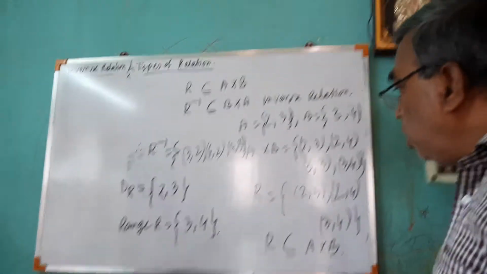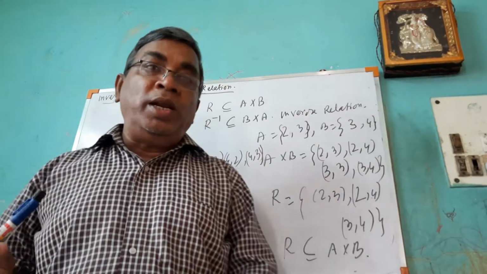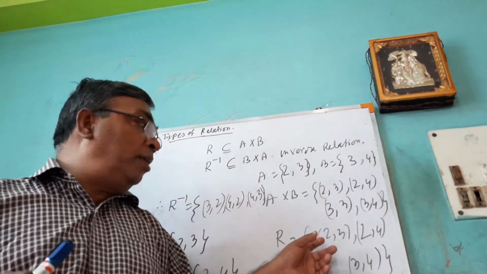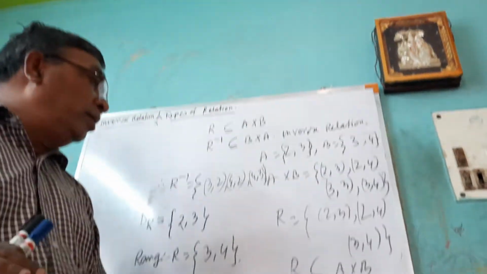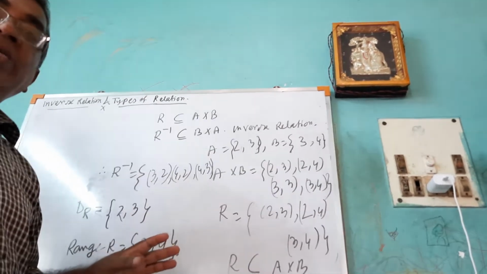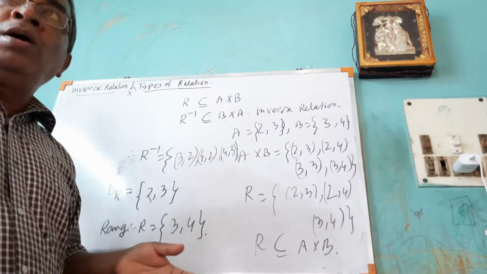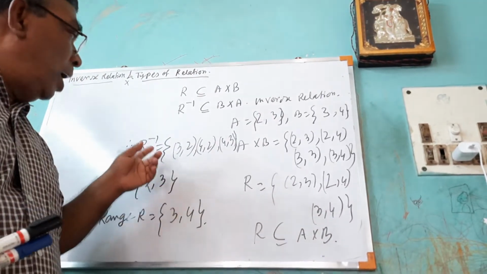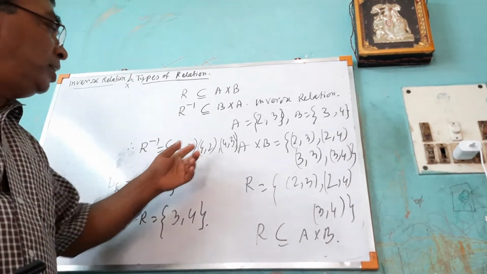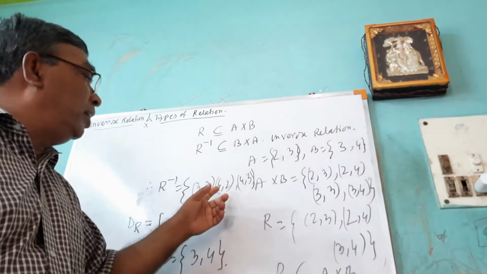Once again I am repeating: domain R means from the relation you take the first elements, and the second elements are known as range R. Similarly, domain R inverse is the first elements of R inverse, that is 3, 4, and range R inverse is the second elements of R inverse, that is 2, 3.